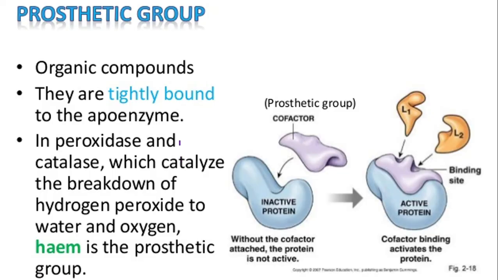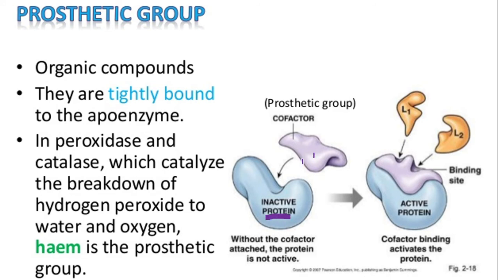Now coming to prosthetic group, I told you earlier that prosthetic groups are tightly bound molecules. They are organic molecules. The prosthetic groups are tightly bound cofactors. Tightly bound with what? Tightly bound with the proteinaceous part of the enzyme. So this is the apoenzyme without the cofactor.